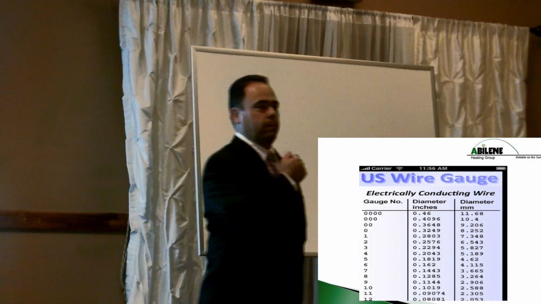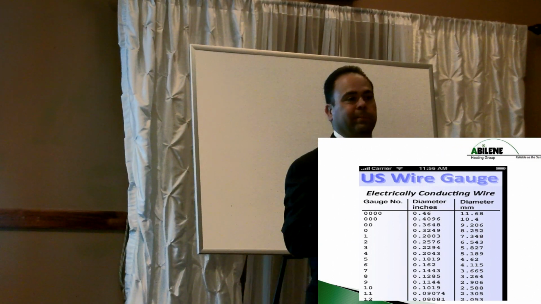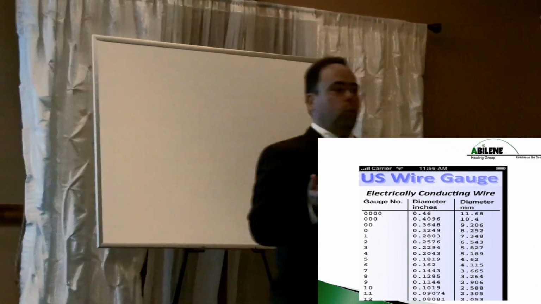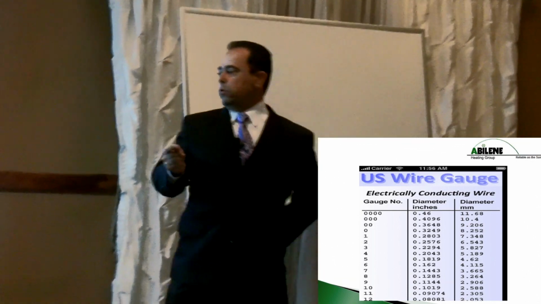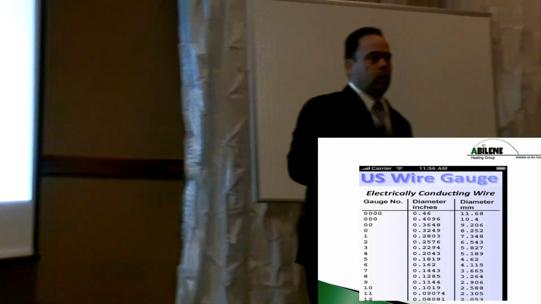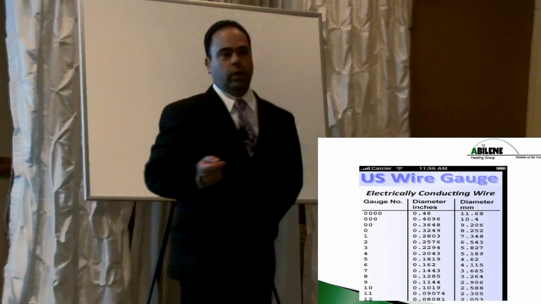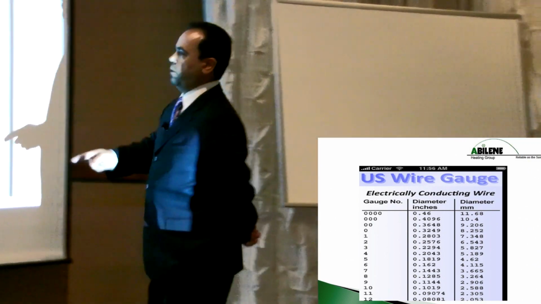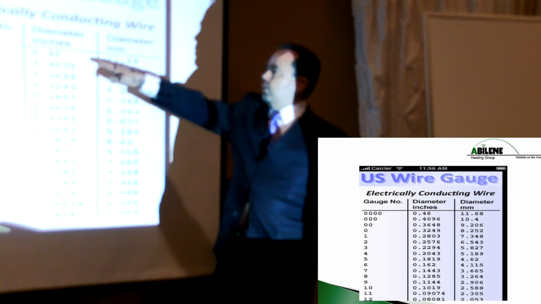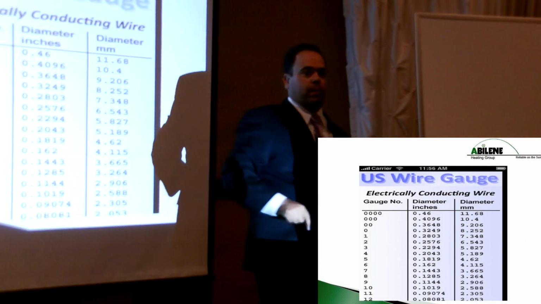So what does that mean? What does that tell us? Between a number 1 or a number 12, what carries more current? Number 1, because it's bigger. 4/0 is almost a half inch in diameter.